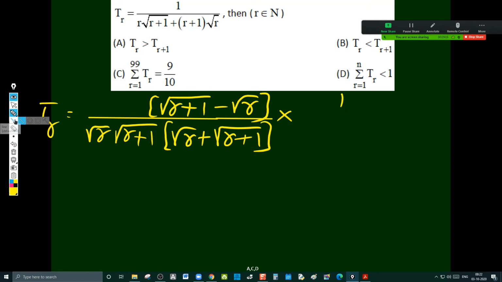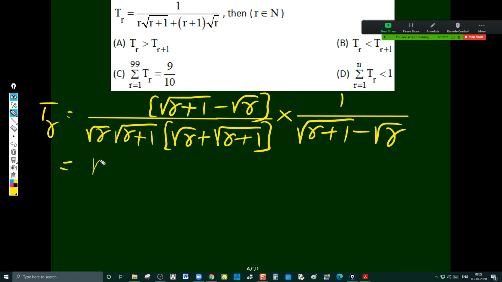After rationalization, you get root (r+1) minus root r, and this becomes (a+b)(a-b), a squared minus b squared. The r's get cancelled, 1 remains.